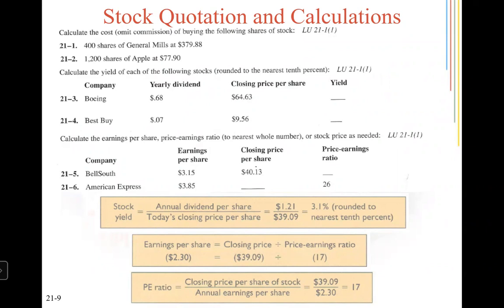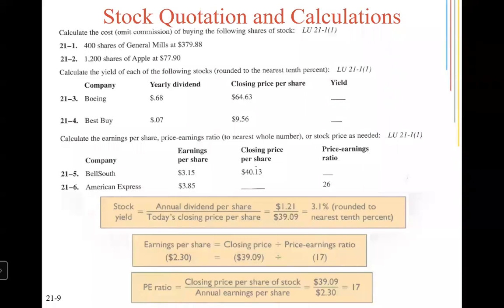So we're just looking at calculate the cost of buying the following shares of stock. The first one says 400 shares of General Mills at $379.88. The next one, 1,200 shares of Apple at $77.90. What are we going to do to find the answers for those two? Multiply.